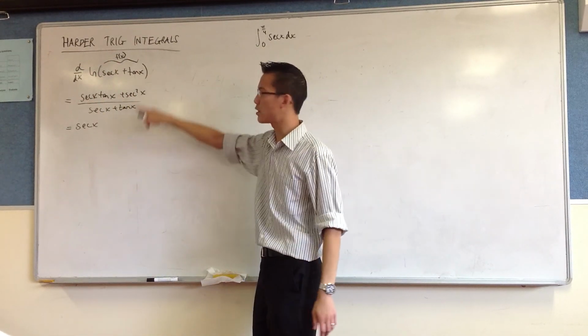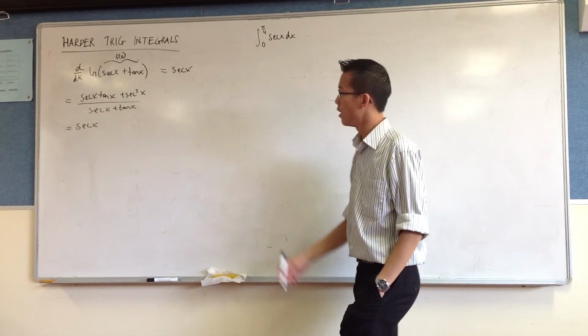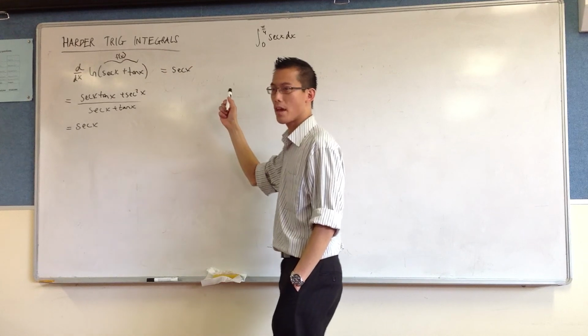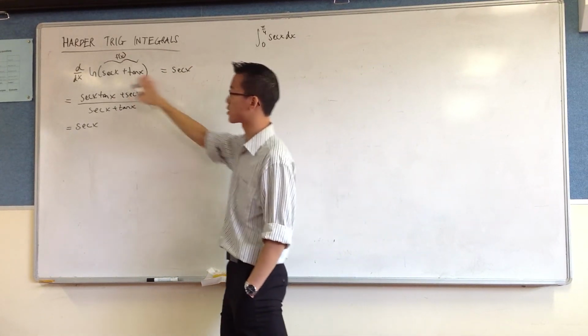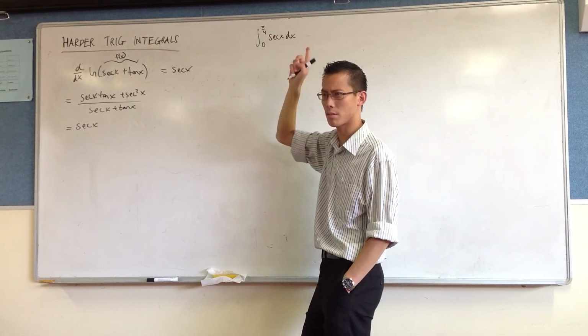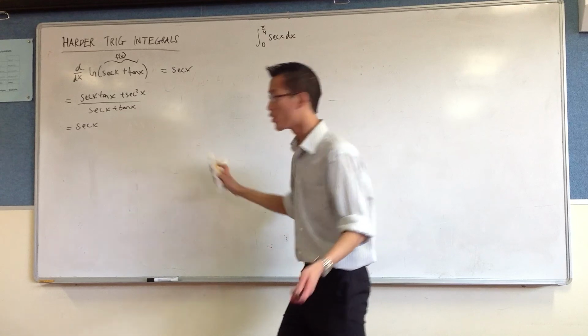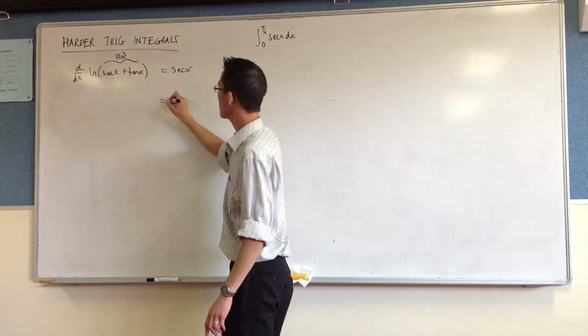If I were to put these two on the same line, really: this derivative is equal to that, and I'm trying to work out this integral. I'm going to take the integral of both sides with respect to these two limits. So if I integrate both sides, what's going to happen?